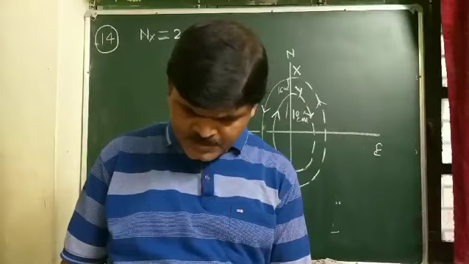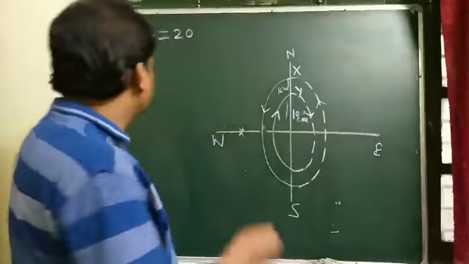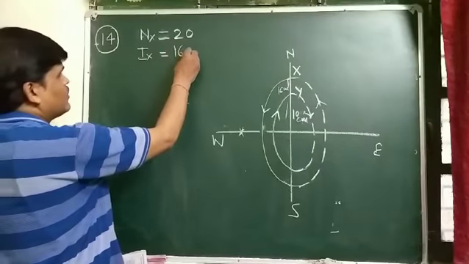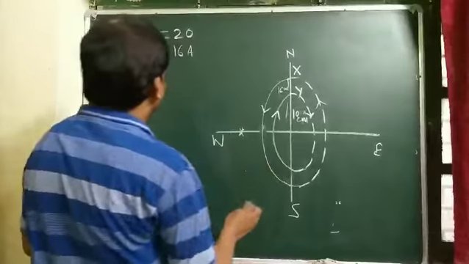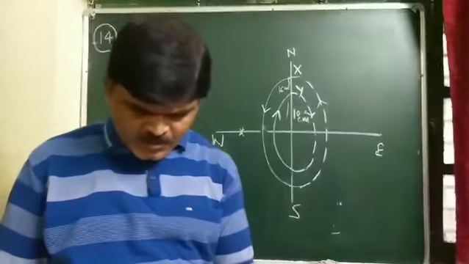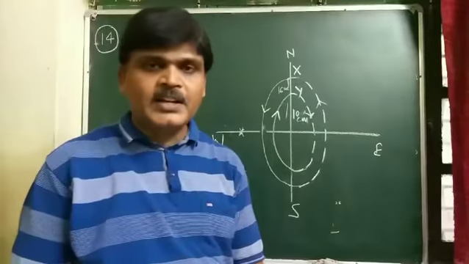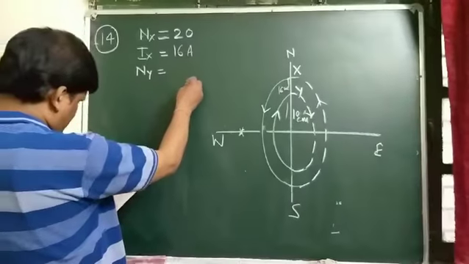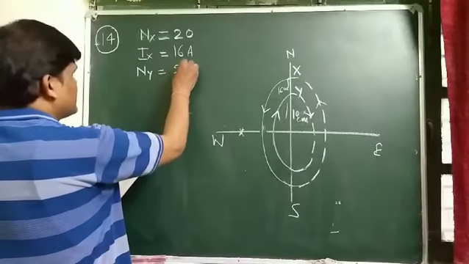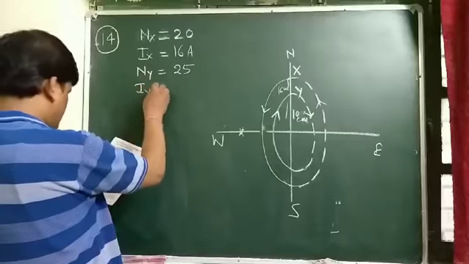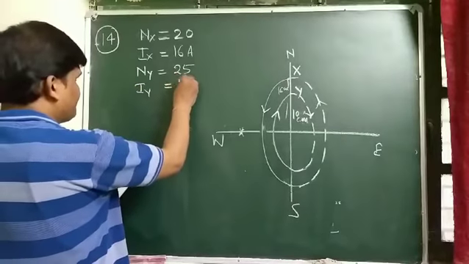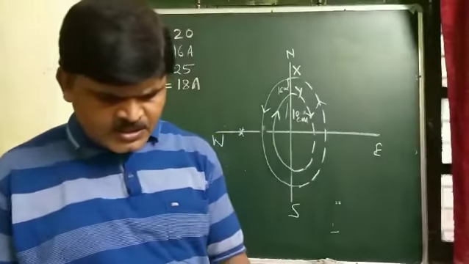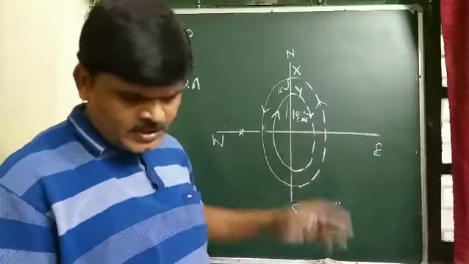Coil X carries a current of 16 ampere. Coil Y has 25 turns and carries a current of 18 ampere. The radius of X is 16 and the radius of Y is 10 centimeter.